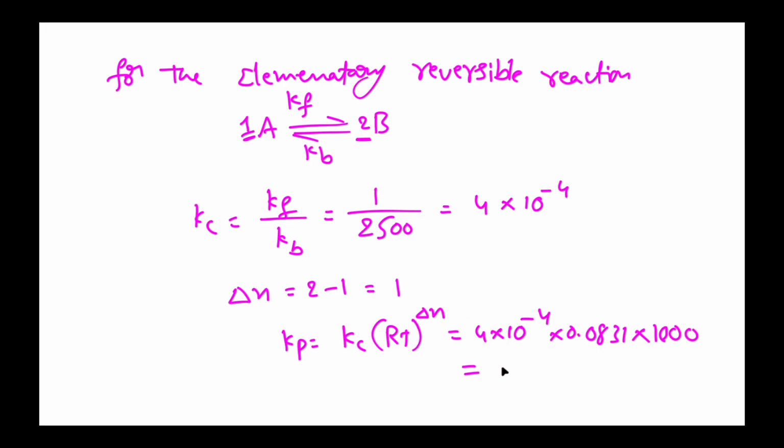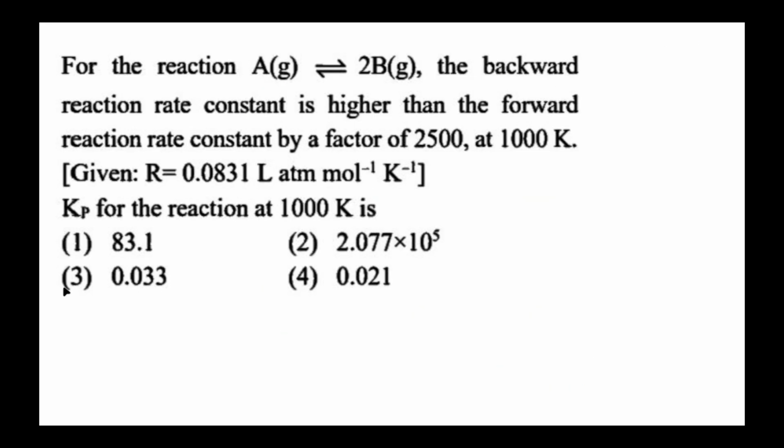So this value is nearly 4 into 10 power minus 4 into 83.1. So this value is nearly 0.033. So that Kp value is 0.033. So the correct option is 0.033, that is Kp value.